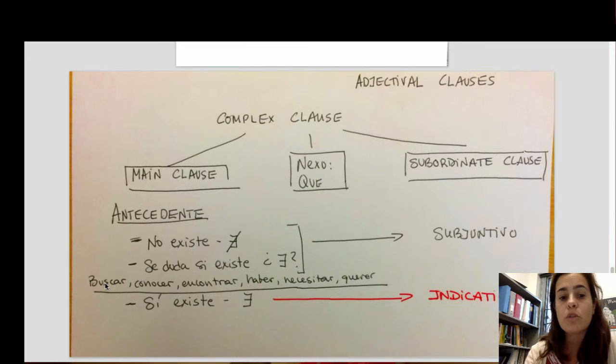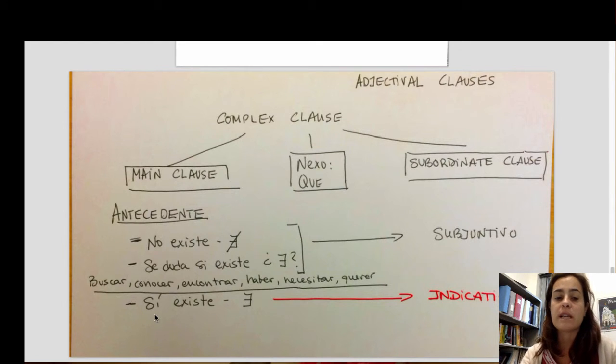We say, busco una mujer que hable español. Hable is going to be in subjunctive because we don't know if that woman exists. However, if we know that thing or person exists, we'll go to the library and we'll say, busco el libro que habla de China. I'm looking for that book that talks about China, that specific book that we know exists, and that's why we're going to be using the indicative.